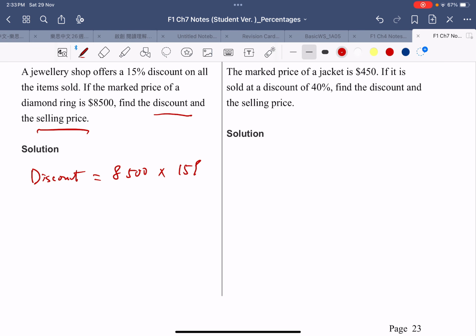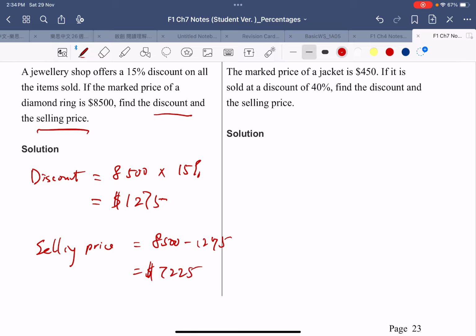So how much cheaper do you buy it from the original price, market price? It is $1275 is the discount. And then the selling price would be 8500 minus this number, and then money, $.